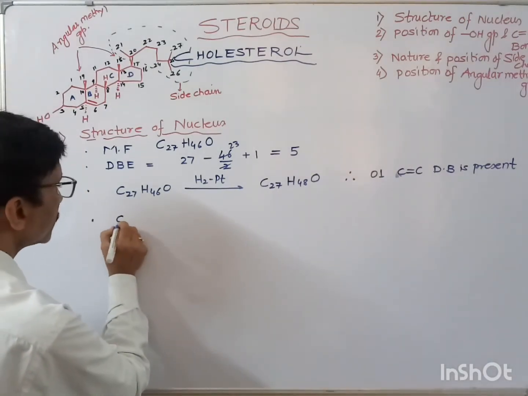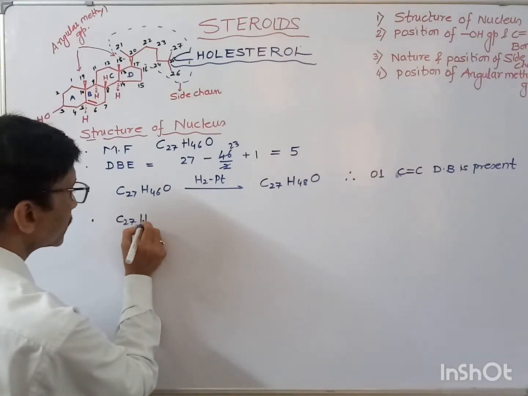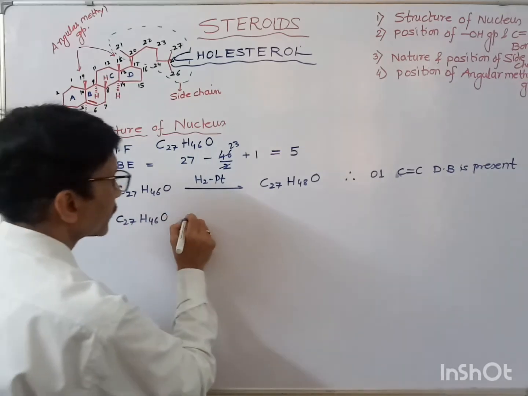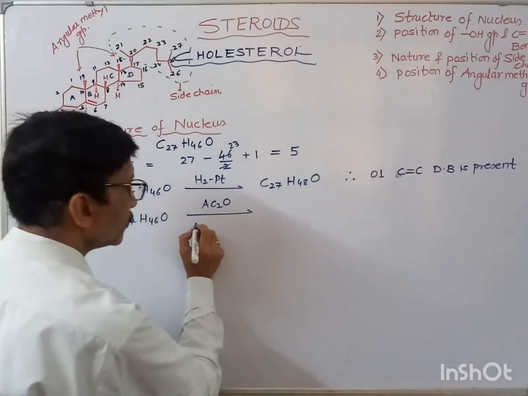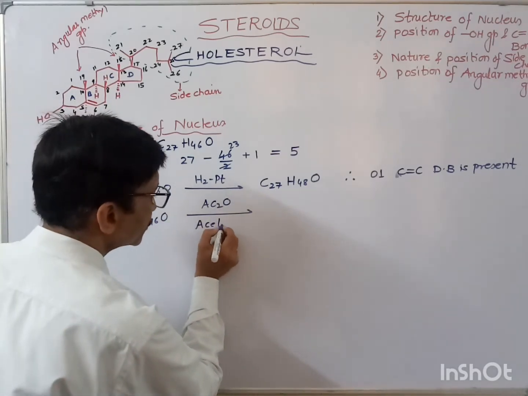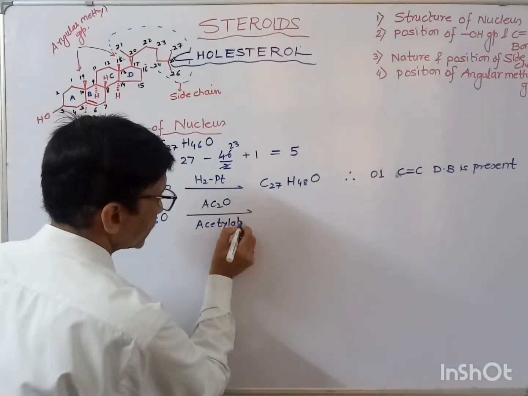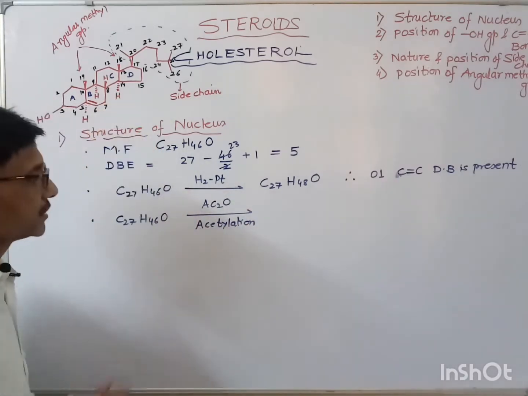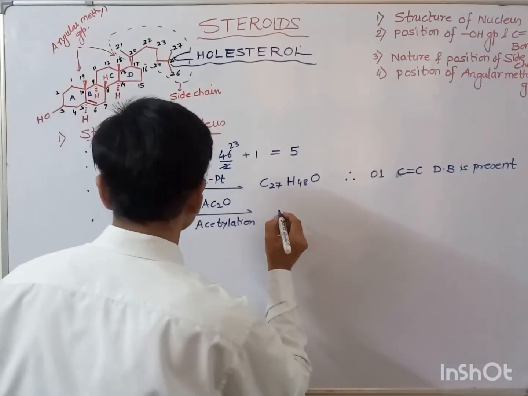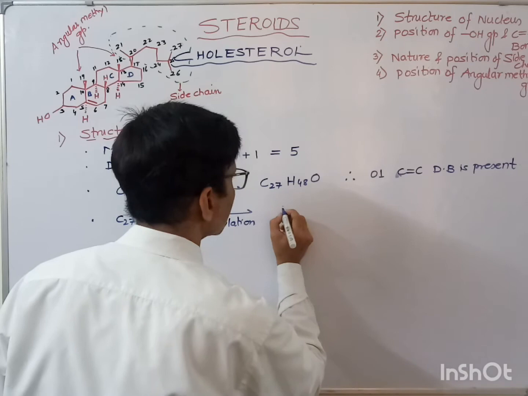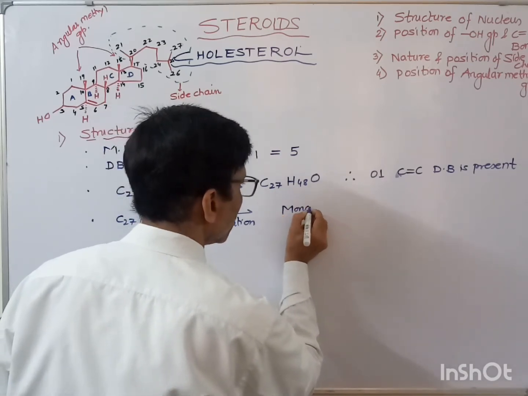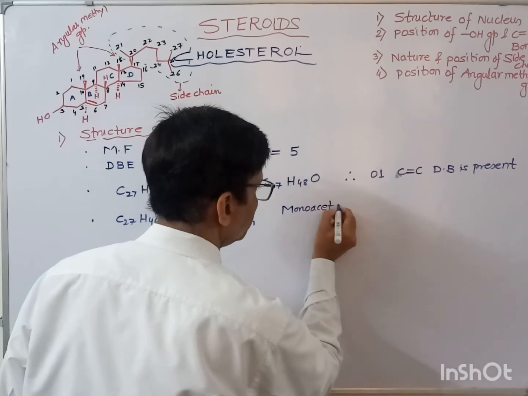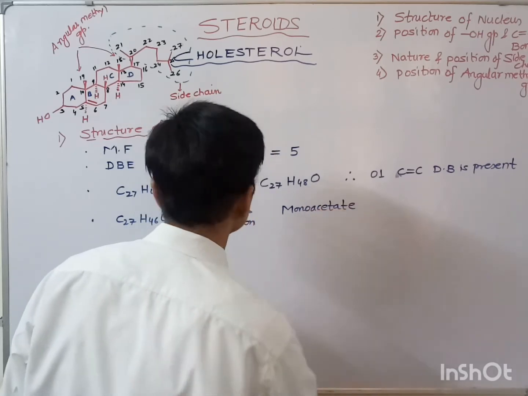Now if this cholesterol was treated with acetic anhydride, or we can say that if acetylation was done, then this converts into the monoacetate.